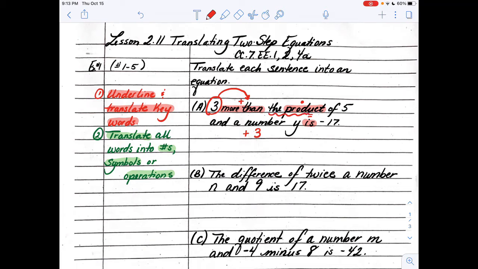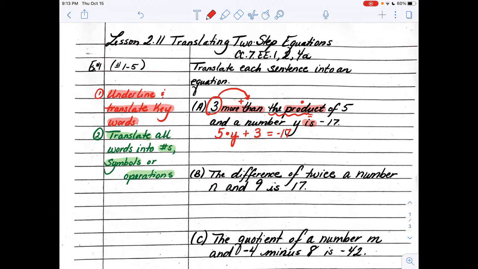The product, which means the multiplication is going to be coming in front of the addition sign. And what exactly am I multiplying? 5 and a number y. So 5 and a number y is being added to 3, and then it says it equals negative 17.